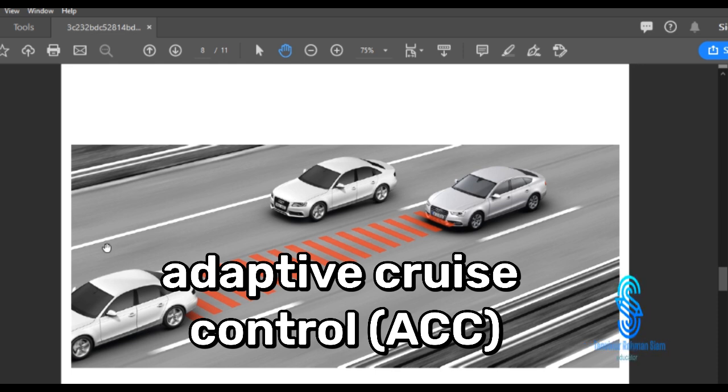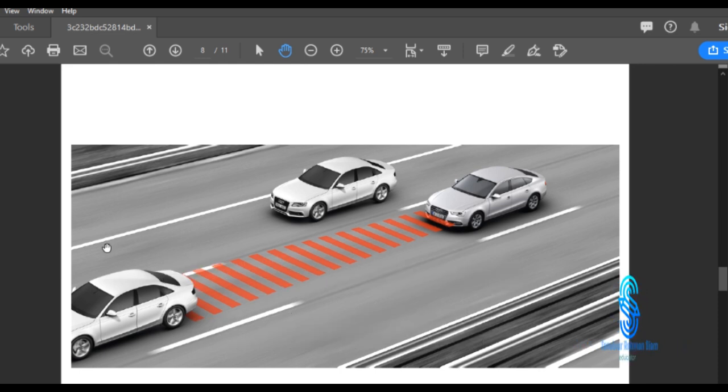It will automatically adjust the vehicle's speed to maintain a safe distance from the vehicle ahead, right? It will use technologies to identify the speed of the next vehicle, and whether that vehicle is meeting the safe distance from my vehicle or not.